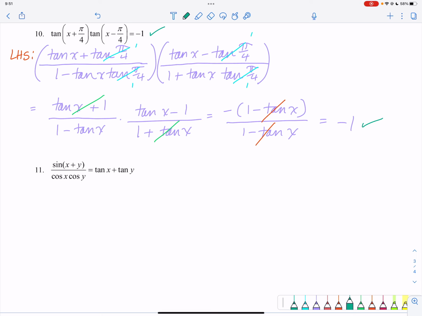Okay, and I'll just make a little note that a minus b is equal to the opposite of b minus a.